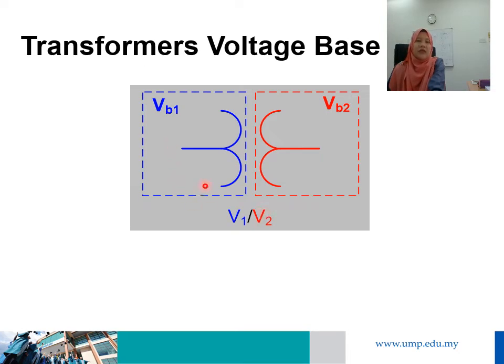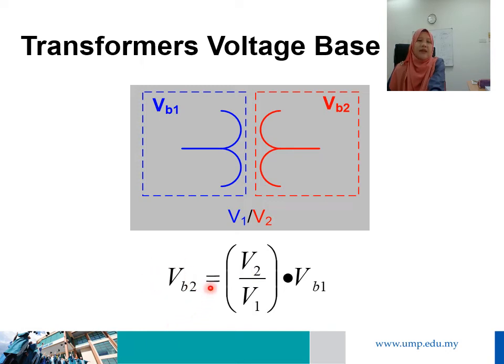So the base voltage at the primary side is V base 1 and the base voltage at the secondary side is V base 2. So the base voltage at the secondary side is equal to the voltage at the secondary divided by the voltage at the primary multiplied with the base voltage at the primary side.